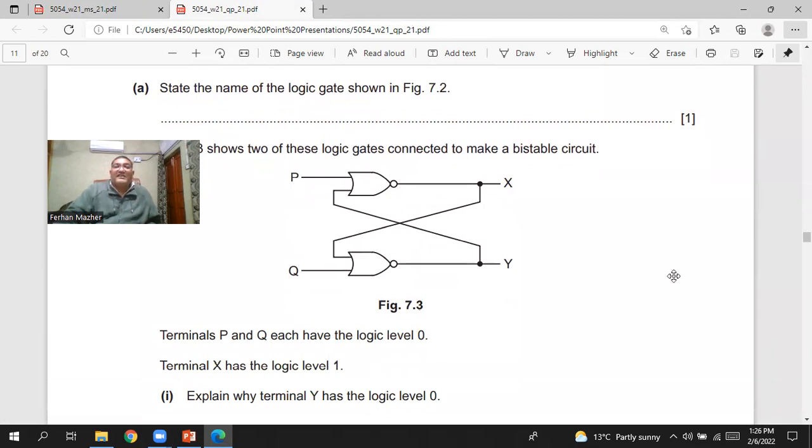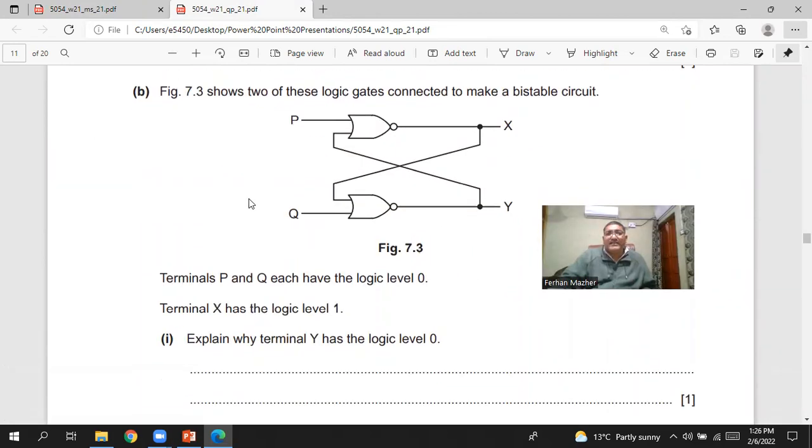Then it's a little difficult to answer. He says figure 7.3 shows two of these logic gates connected to make a bistable circuit. Terminals P and Q each have the logic level 0. Try to understand this. This is NOR gate number 1, and this is NOR gate number 2.